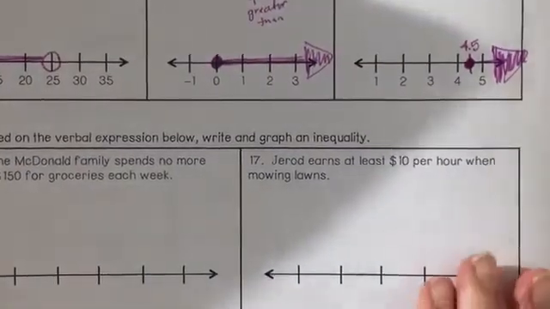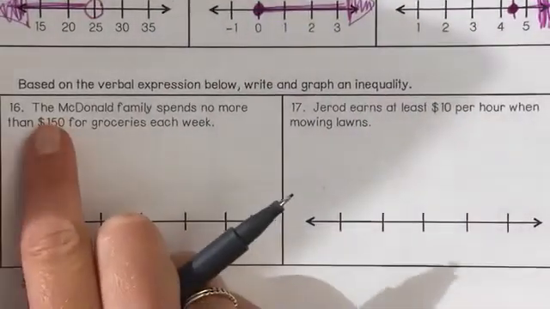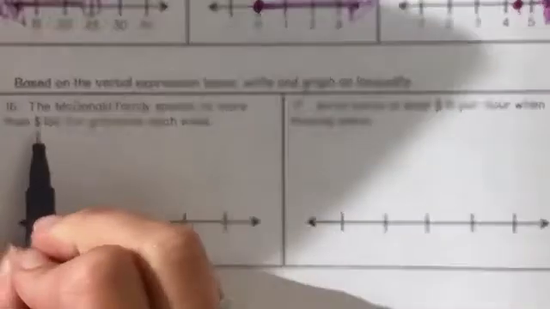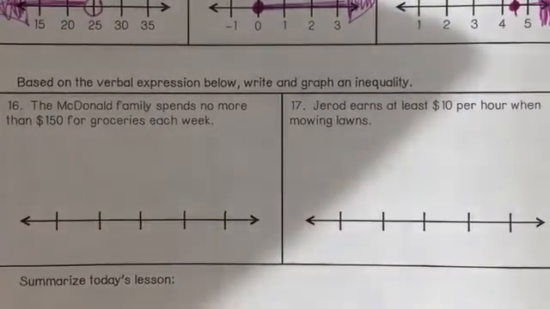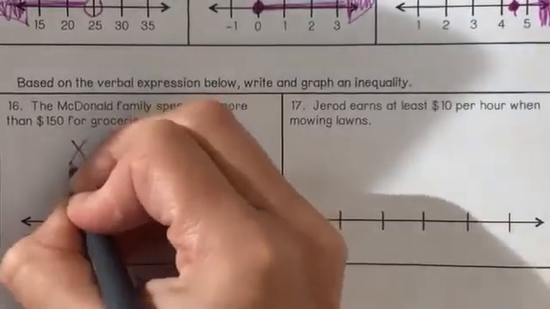Okay, so the last two examples, we have kind of a word problem. So it says that it wants us to write and graph the inequality. So it says the McDonald family spends no more than $150 for groceries each week. So again, one thing that I will do is I just start with my X and then my number.